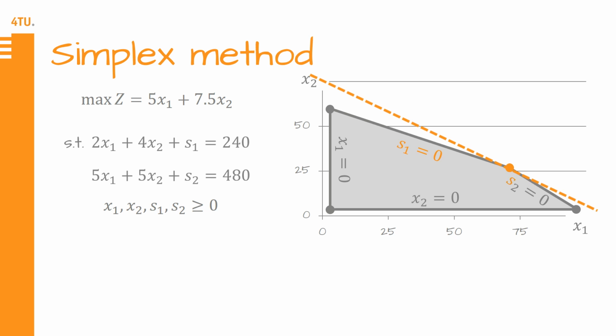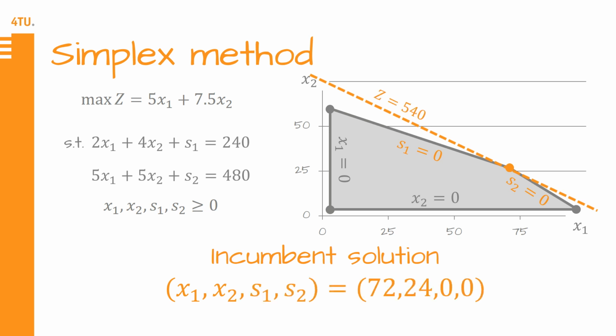This means that S2 is a leaving basic variable and will become non-basic. This gives us an incumbent solution for which both S1 and S2 are equal to 0, x1 equal to 72, and x2 equal to 24, and that has an objective function value of 540.